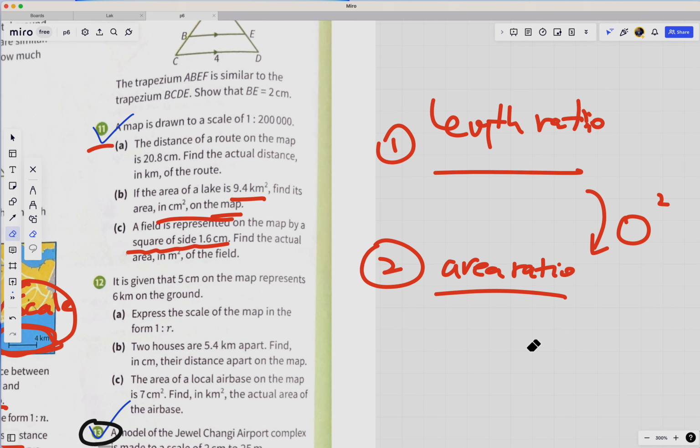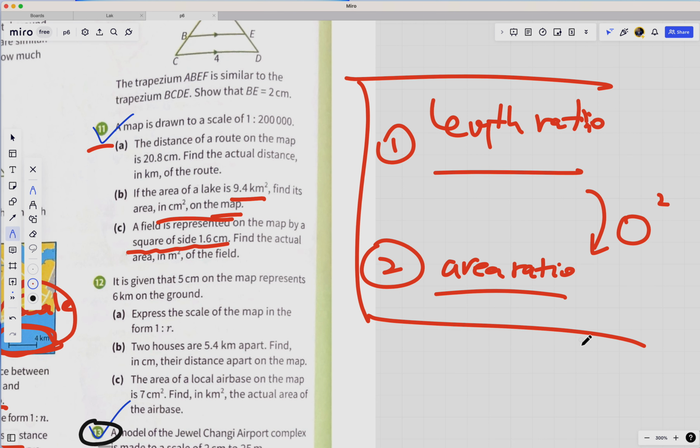So if you are given this question, you just have to remember this thing. Then you can do all questions already. But of course you need to know how do you get from length ratio to area ratio? Find the length ratio and then square everything.